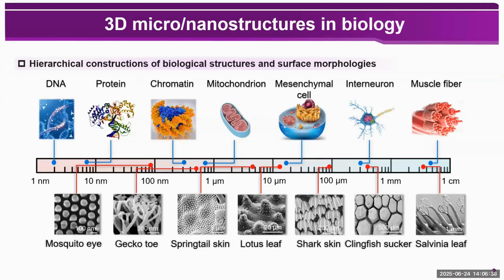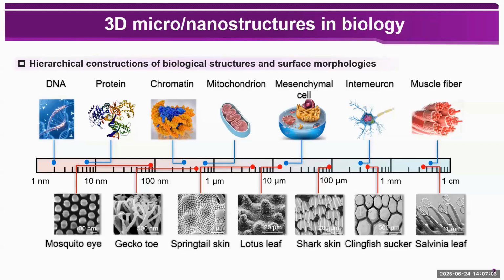As an example, the hierarchical 3D surface morphologies of many insects and animals are very crucial to their unique functionalities. For instance, we know that the gecko can swiftly travel across the walls thanks to the nanostructures of their gecko toes, which allow them to tune their adhesion with the walls very swiftly.